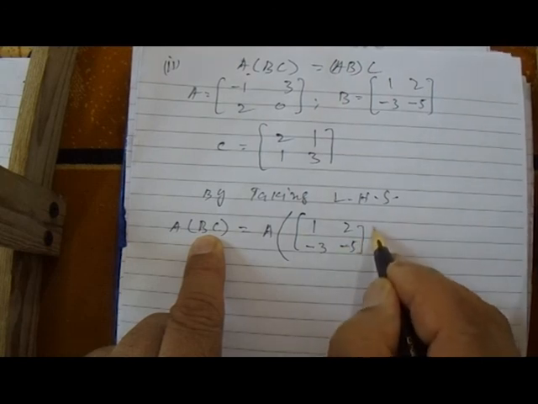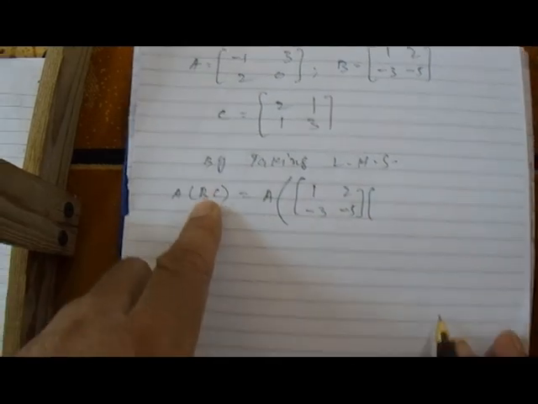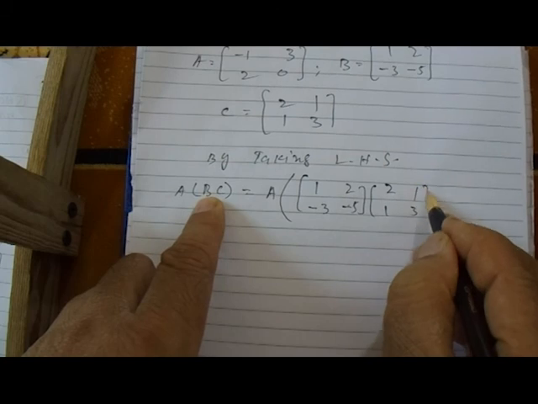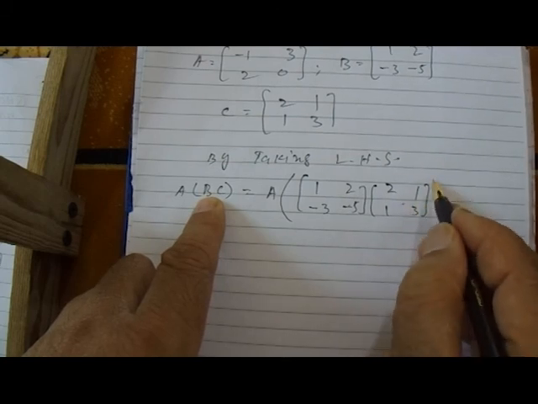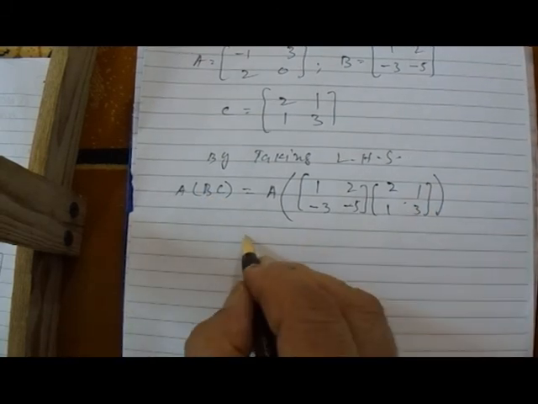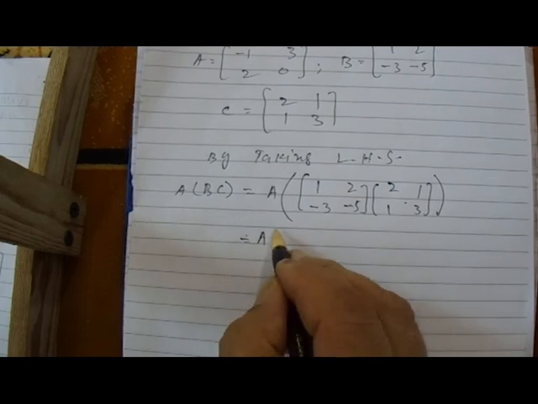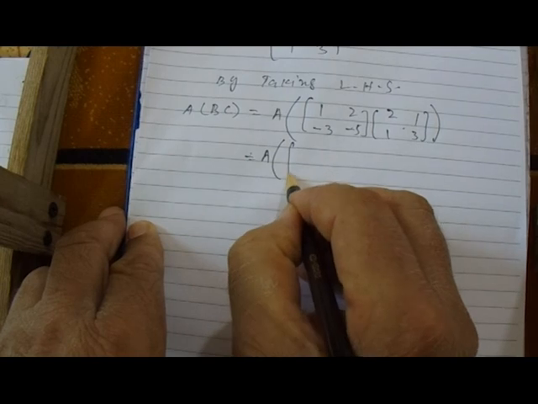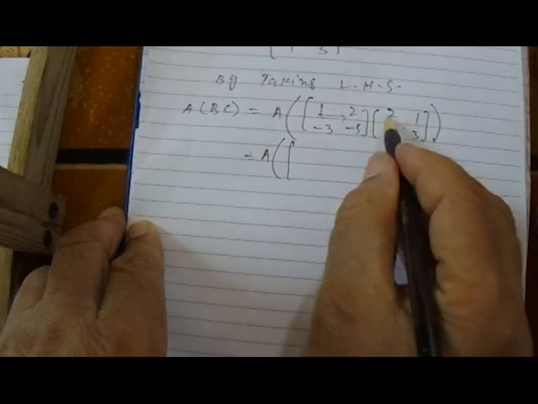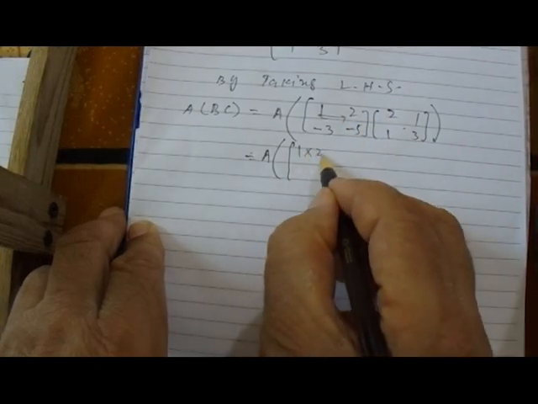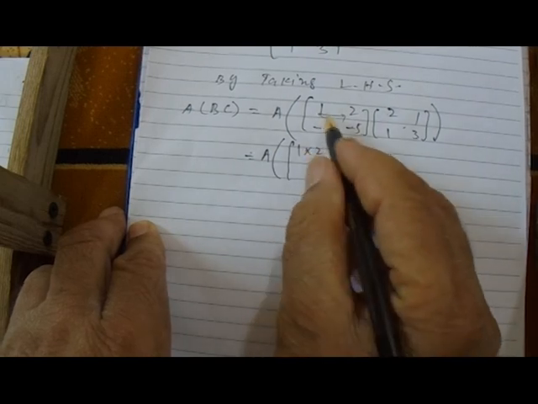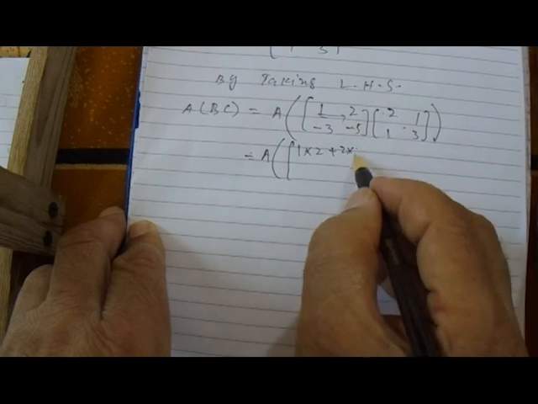Now we write C. C is 2, 1, 1 and 3. Now this is our C matrix, and we write round brackets. Is equal to A. Now this multiplies with this. This row will multiply with this column: 1 multiply 2 and plus 2 multiply by 2. 1 multiply 2 and 2 multiply by 1.